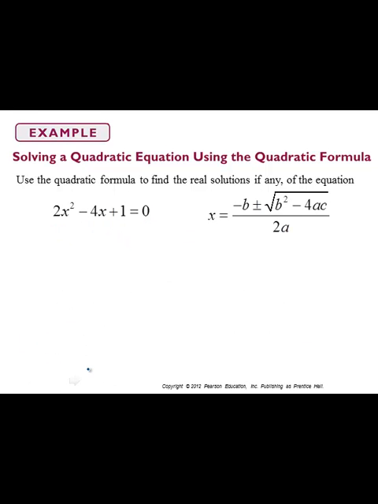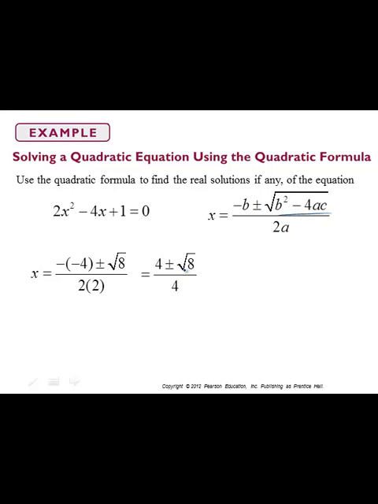Okay? So we have our discriminant, and it's 8. So we have negative b, but b is equal to negative 4, so we have negative of negative 4 plus or minus the square root of 8 over 2 times 2. Or in other words, 4 plus or minus square root of 8 over 4.